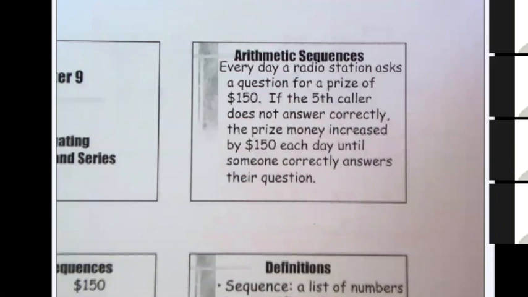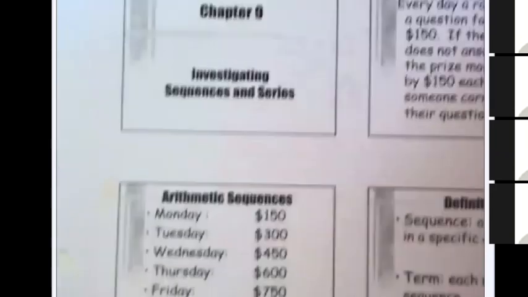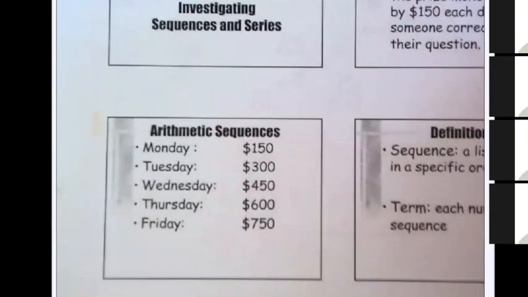So let's say they start the program today, the caller would get $150. They got it wrong. So tomorrow it would be 150 plus 150. The next day, it'd be 150 plus 150 plus 150. So it adds 150 on every day that they get it wrong.